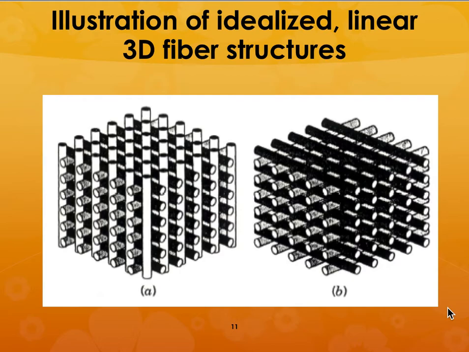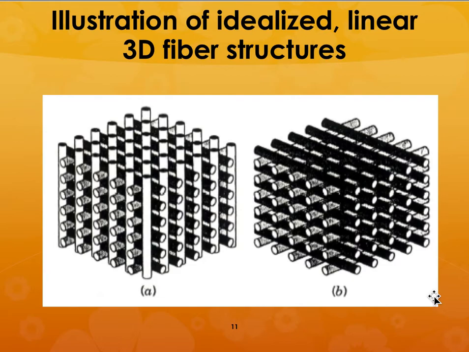But the most common one, especially if you are going to have a three-dimensional structure, you can have the fibers in all the three different directions. So this is what I would call a log pile type of structure.